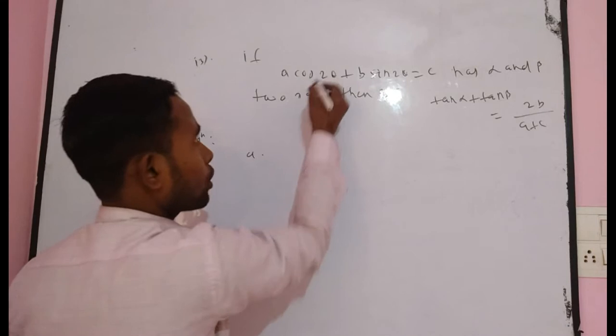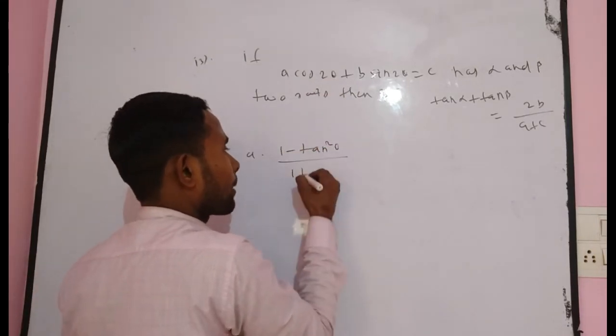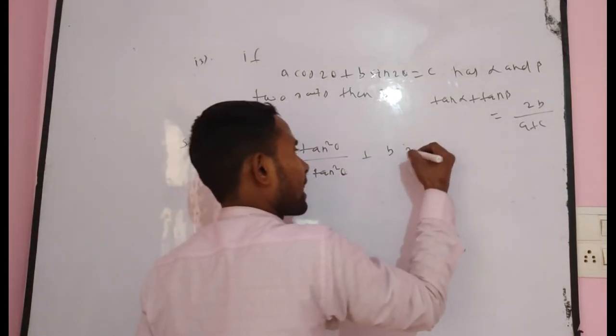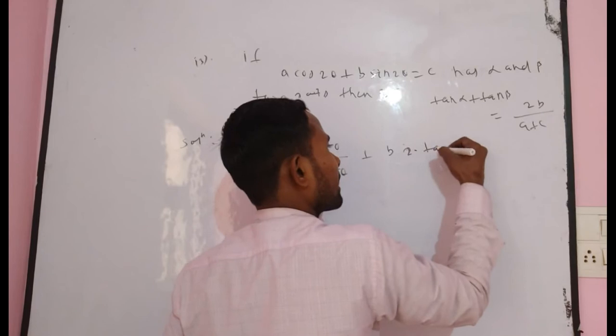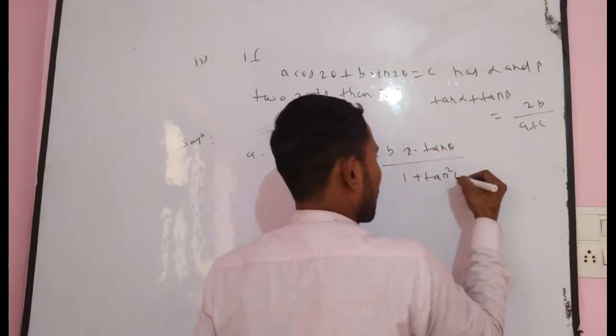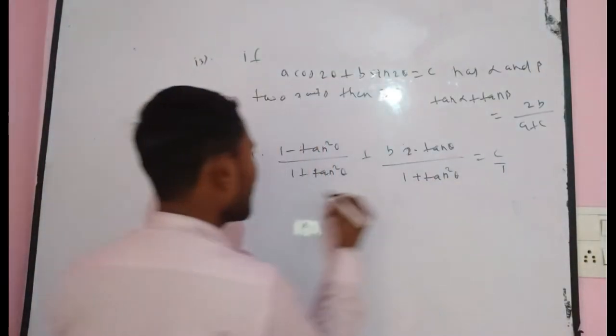Simply, a into cos 2 theta can be written as 1 minus tan square theta divided by 1 plus tan square theta, plus b sin 2 theta can be written as b into 2 tan theta divided by 1 plus tan square theta, is equal to c. After taking LCM and cross multiplication, what do you get?